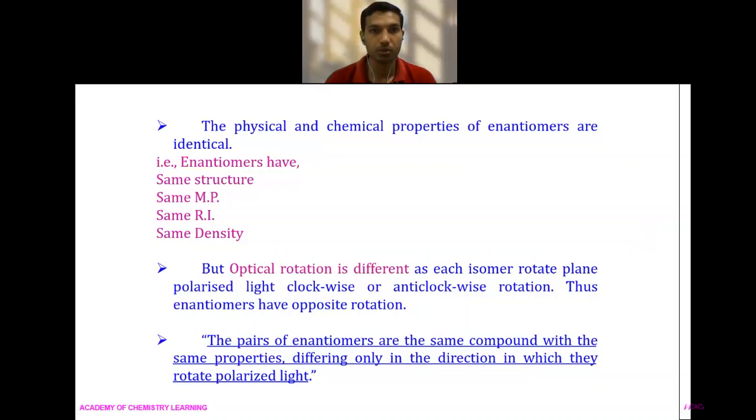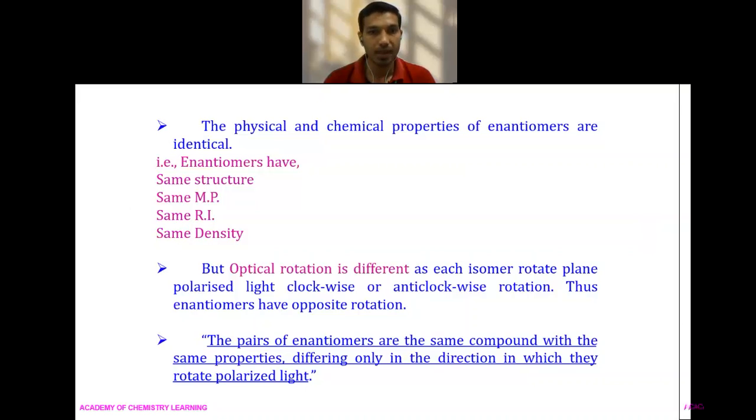Both show different optical rotation of plane polarized light. One will rotate the plane either clockwise, while the other one will rotate plane polarized light in the anti-clockwise direction. So enantiomeric isomers have the characteristic that they have different optical rotation.